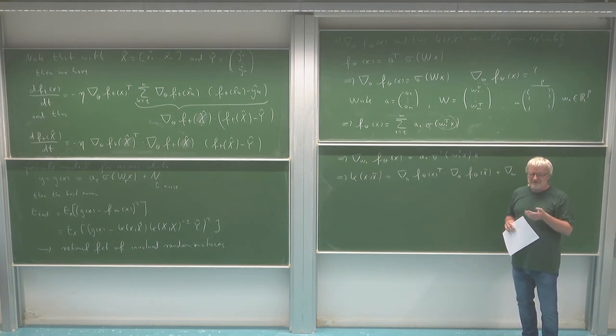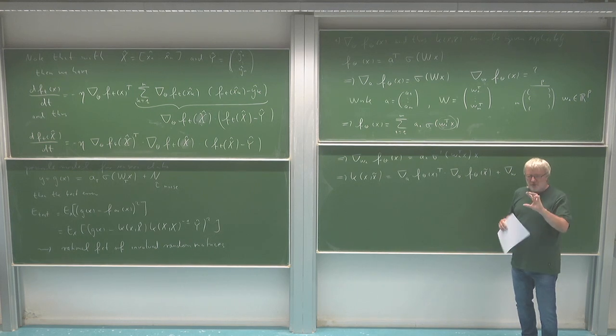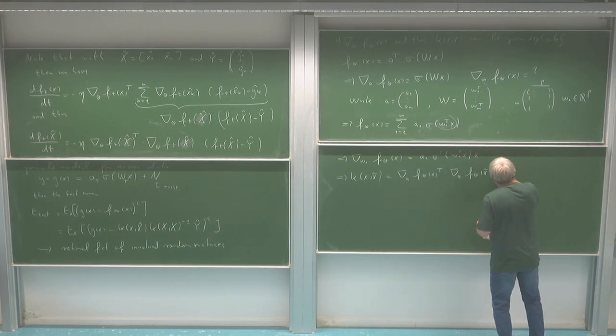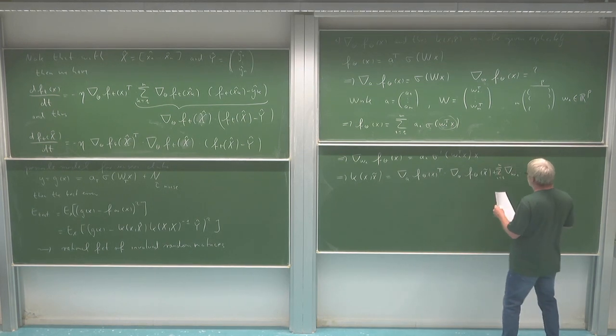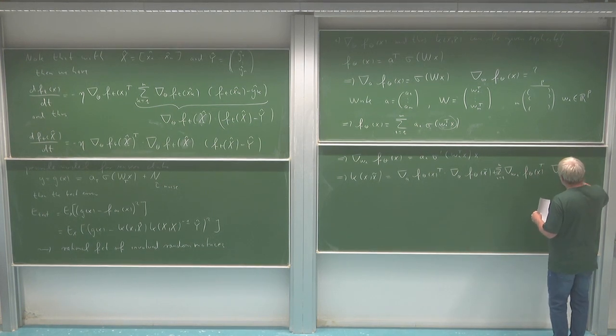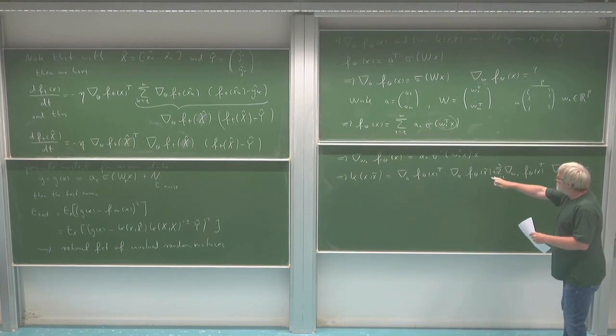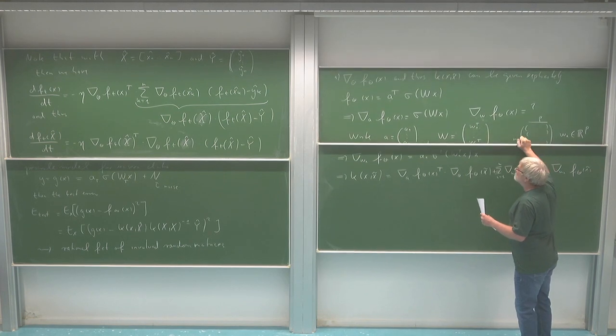So I have said, okay, the long vector coming from the w's consists of a concatenation of vectors corresponding to the wi's, and so I should take here the sum over all i from 1 up to m of the gradient with respect to wi of f theta of x, transposed, times this f theta of x twiddle. Good, okay, and now I can put in what I have calculated before, what those gradients are.